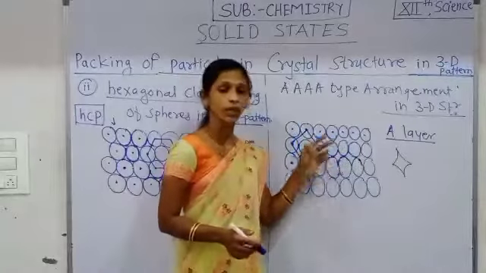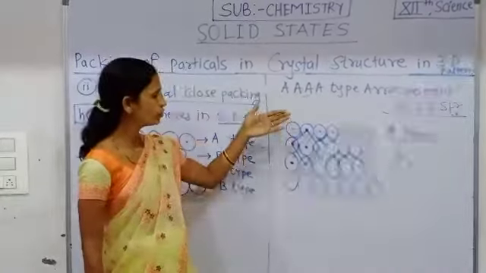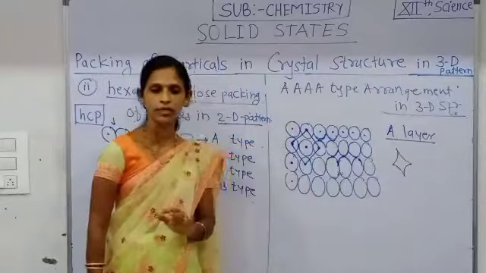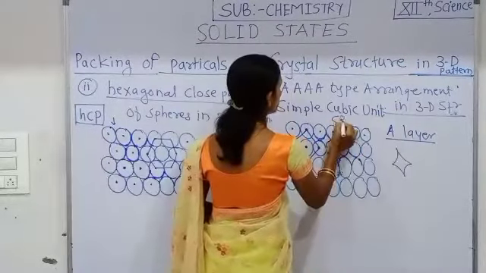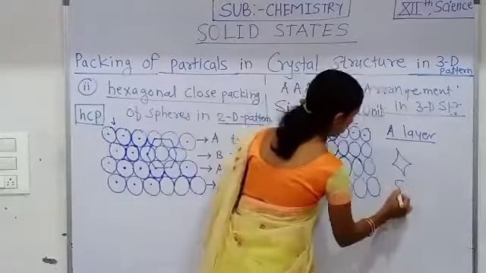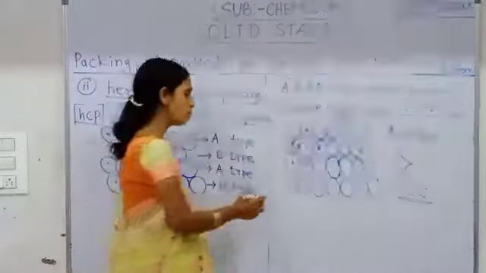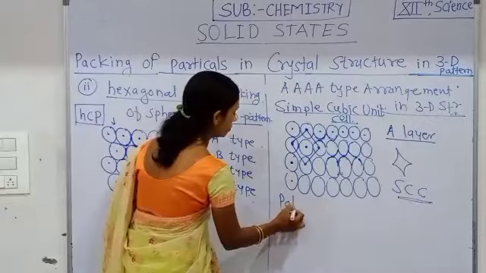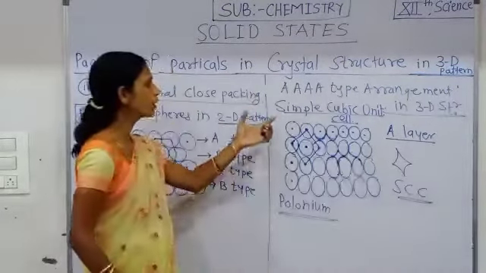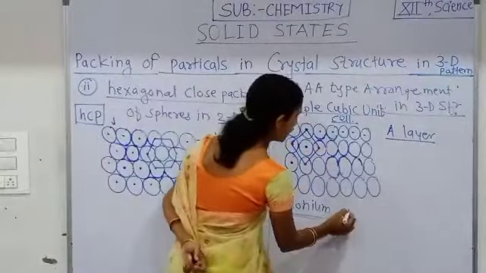Therefore, the three-dimensional AAA type arrangement of layers results in the formation of a simple cubic unit cell, that is, SCC type pattern. For example, in polonium, the simple cubic unit cell structure formation takes place, as well as in NaCl.